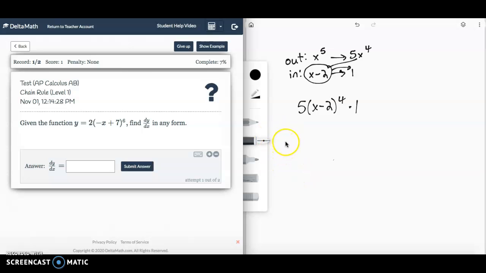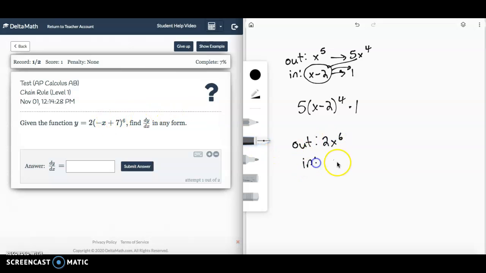For this one, my outer function is 2 stuff to the 6th, so 2x to the 6th. My inner function is negative x plus 7. Derivative of the outside, keep my inside the same, times derivative of the inside.